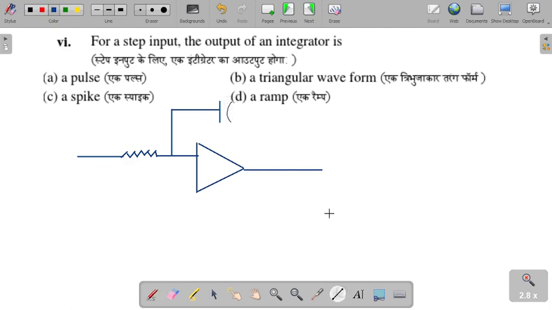This is the integrator circuit. Here is the input voltage Vi, let us suppose, output voltage V naught. This one is the capacitor.